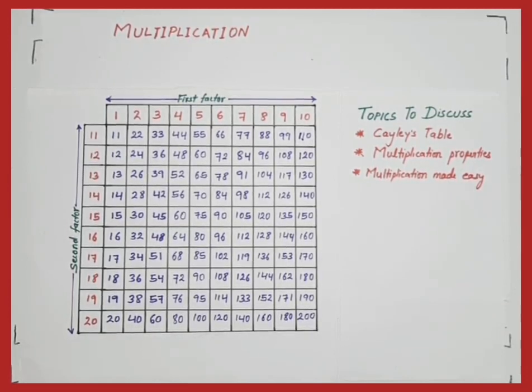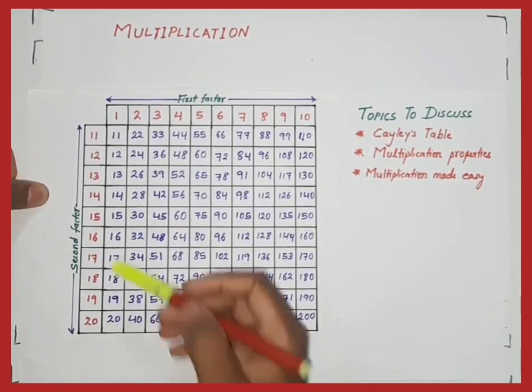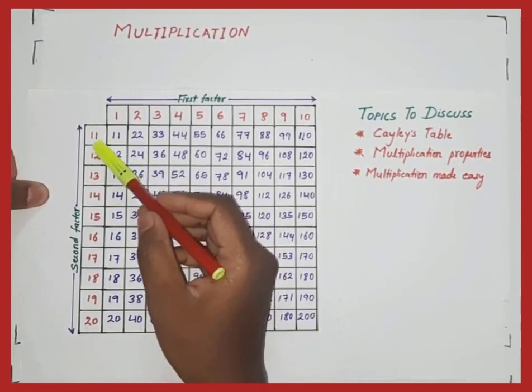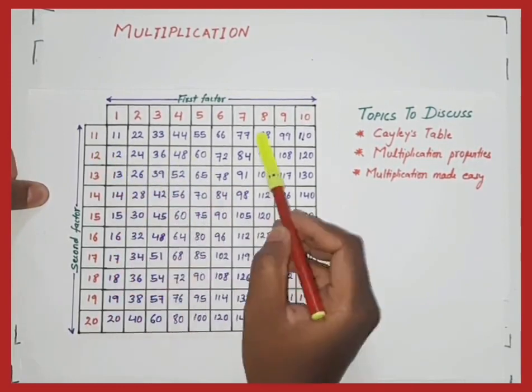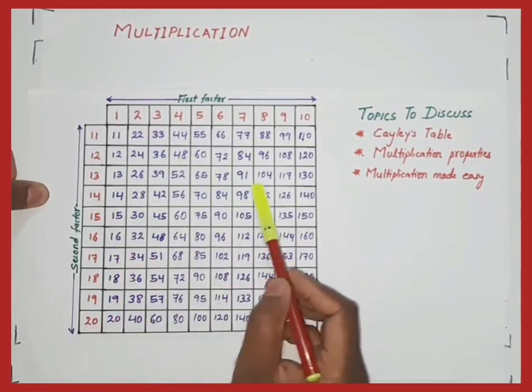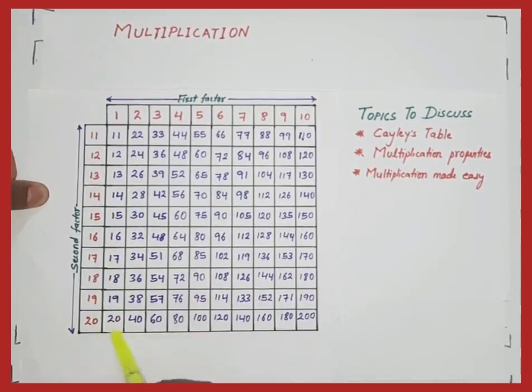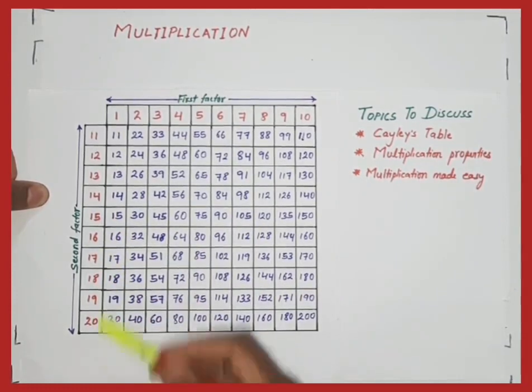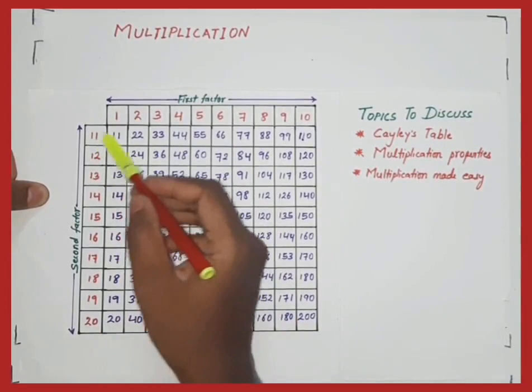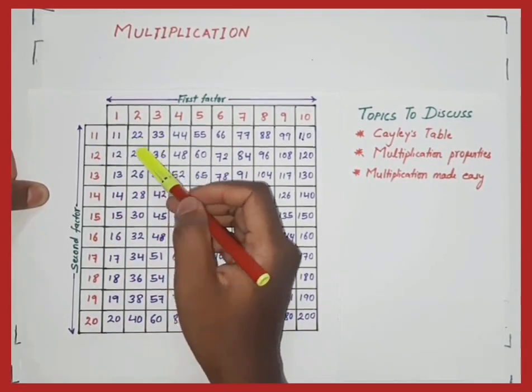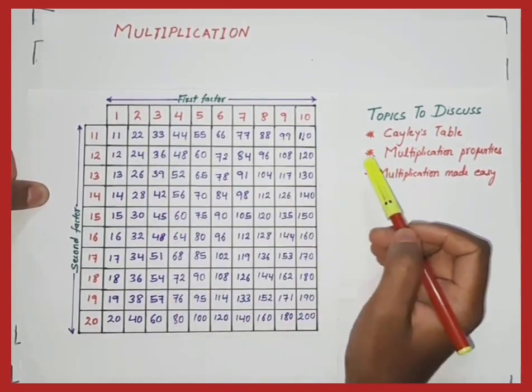Listen, if you see this table, on the left-hand side the table for 11 is given, isn't it? Table for 11, similarly for 12, 13, and so on up to 20 is given. Like here, 11 into 1 is 11, 11 into 2 is 22, so on up to 10 it is given.